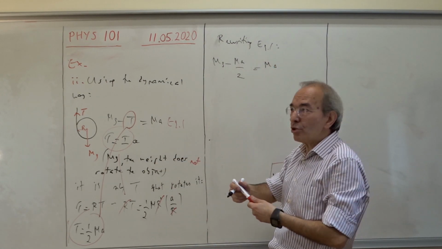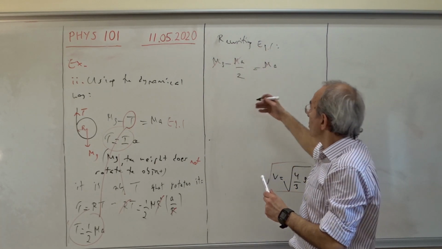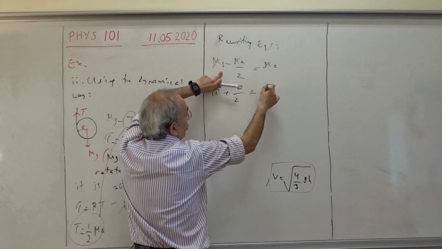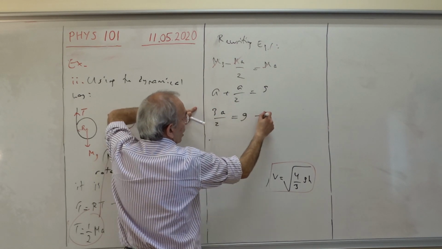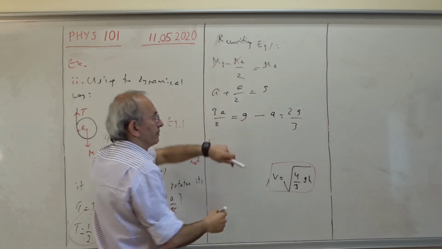So m's are the same, so they cancel from each term. Take a over 2 to the other side, we have a plus a over 2 is equal to g. So this is just 3a over 2 is equal to g. So a comes out to be 2g over 3.